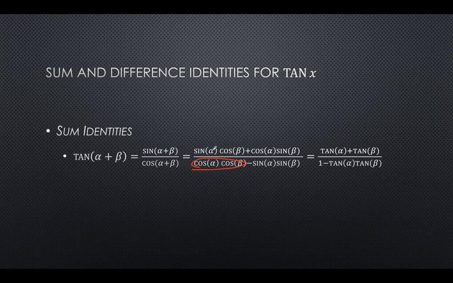For this fraction, sine alpha cosine beta divided by cosine alpha times cosine beta, the cosine beta is cancelled, so we only end up with sine alpha over cosine alpha for the first fraction. For the next fraction, we have cosine alpha sine beta divided by cosine alpha cosine beta. So cosine alpha is cancelled, and we only have sine beta over cosine beta.